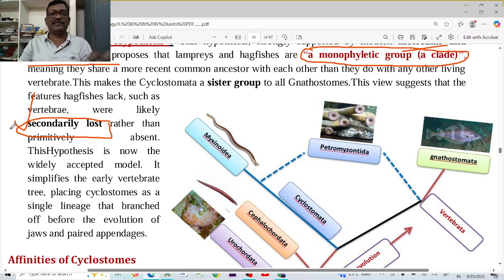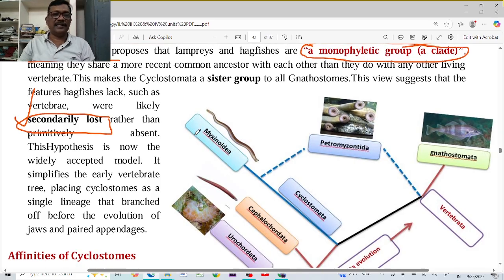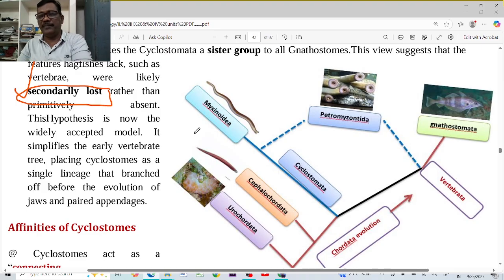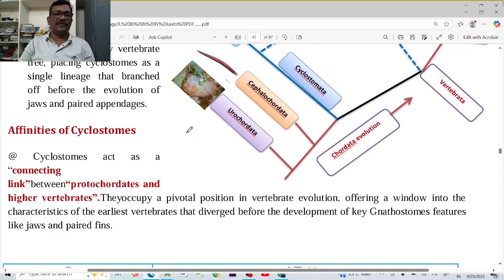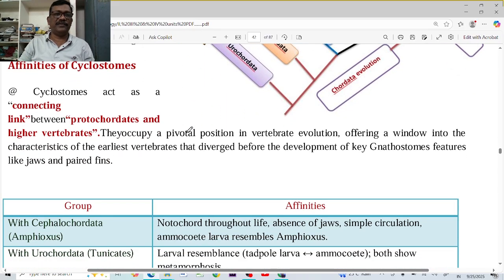But secondary loss is not perfect. Later the petromyzans evolved on this earth. The petromyzan is having a vertebral column in its body. Those are very close to the next vertebrates. So these are the two hypotheses.